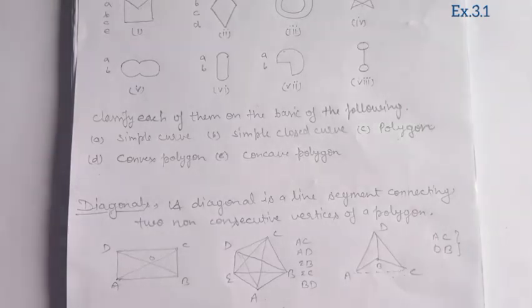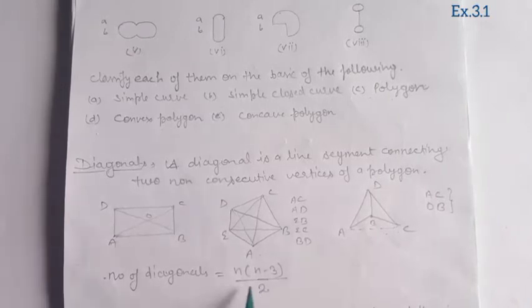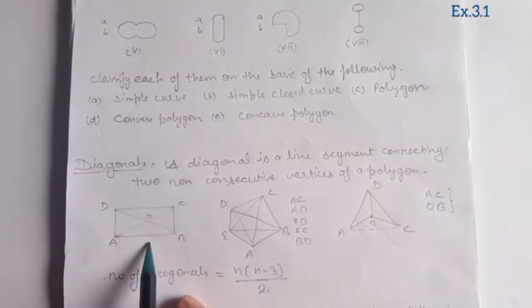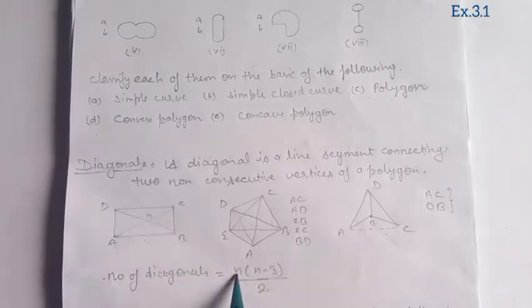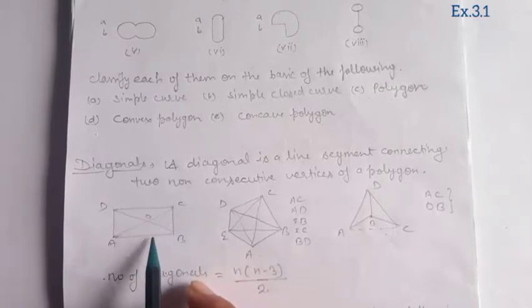So the formula is: number of diagonals equals n(n minus 3) divided by 2, where n is the number of sides. Suppose in this shape we count the sides, 1 2 3 4, so 4 times (4 minus 3) divided by 2. So 4 into 1 divided by 2 equals 2, so it has 2 diagonals.